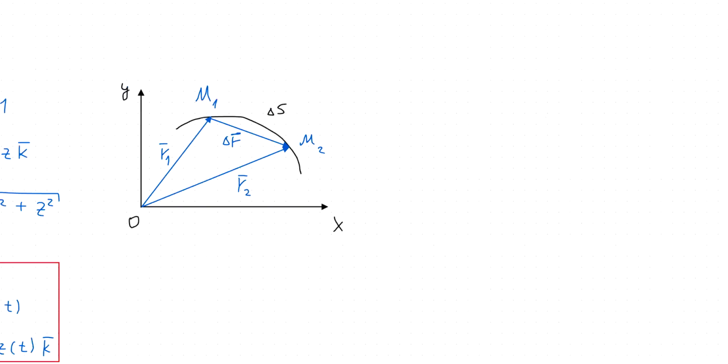We can write, according to the picture, that displacement vector delta r is equal to radius vector r2 minus radius vector r1.